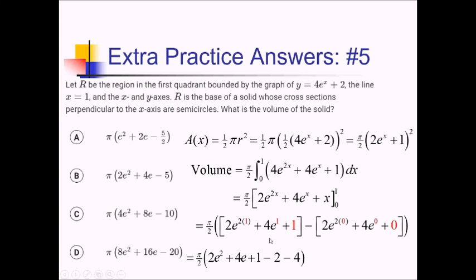So I'm going to have just a pi outside, and inside I've got 2e squared divided by 2, which is just e squared. 4e divided by 2 is going to be 2e. And finally, we have a 1 minus 2 is negative 1, minus 4 is negative 5, over 2 to get that negative 5/2. Looking at my answer choices now, this is going to match answer choice A. So that is our answer.